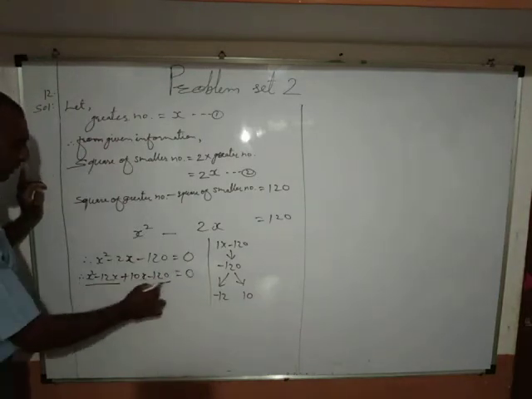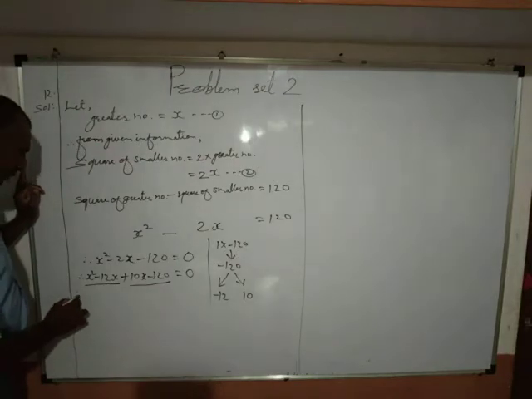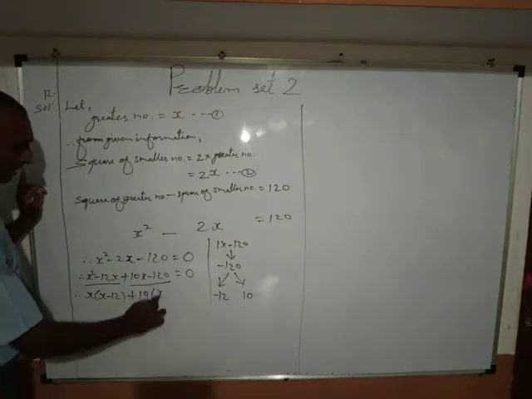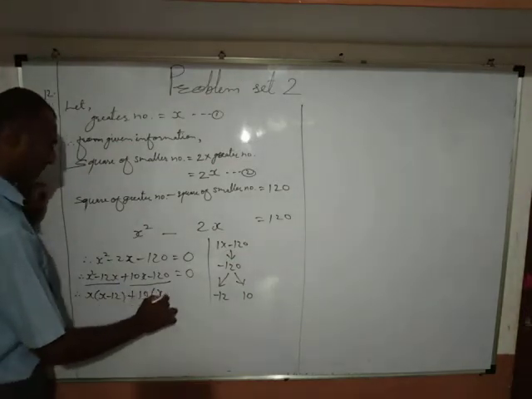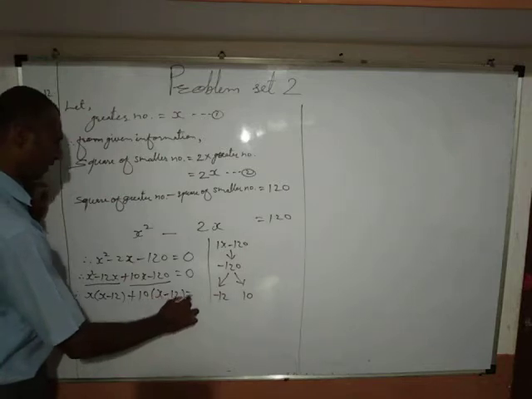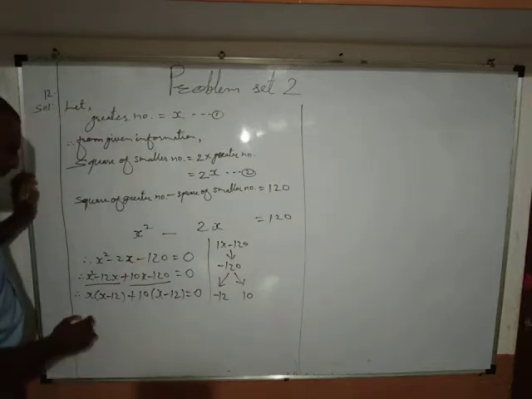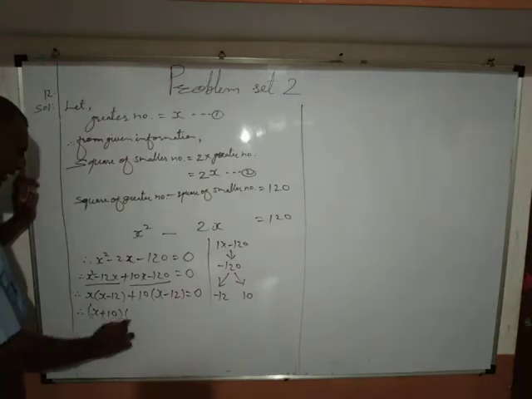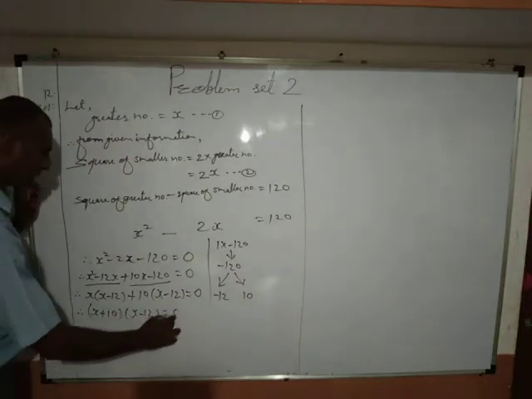Pair the first two, pair the next two. From the first pair we may take out x common, therefore x in bracket x minus 12, plus 10 in bracket x minus 12, equal to 0, and therefore x plus 10 into x minus 12 equal to 0.